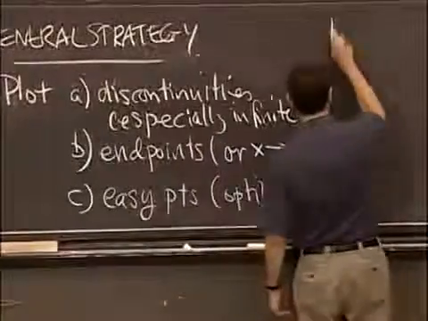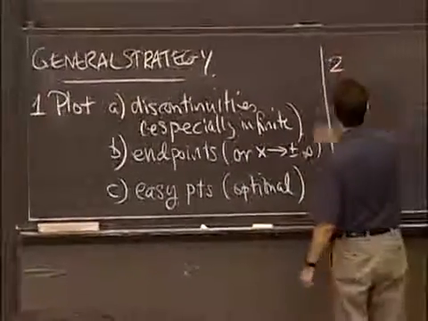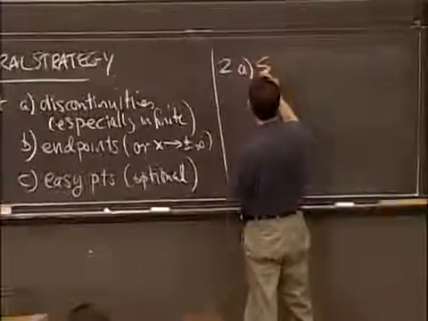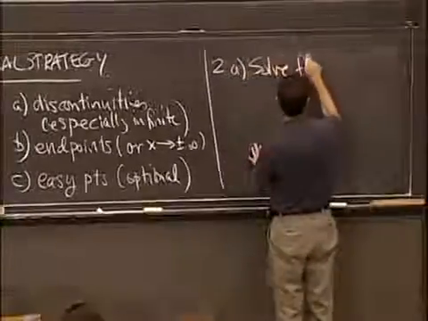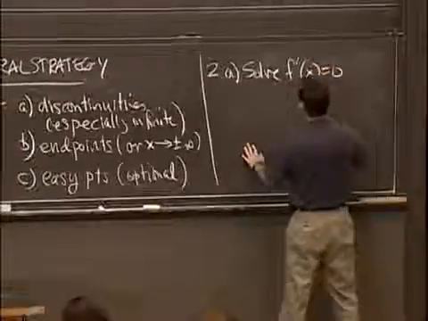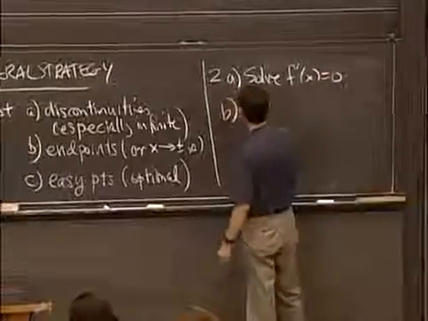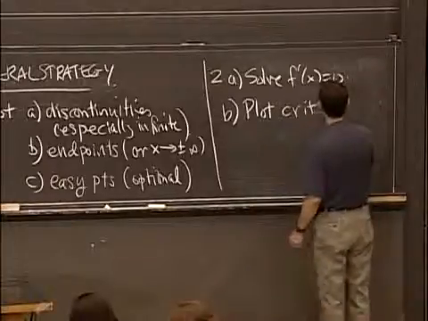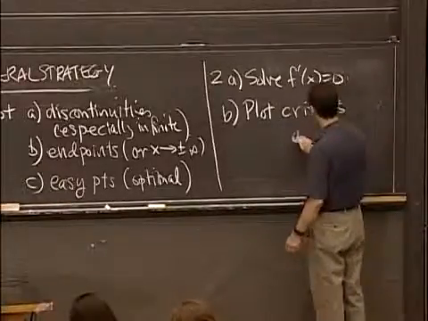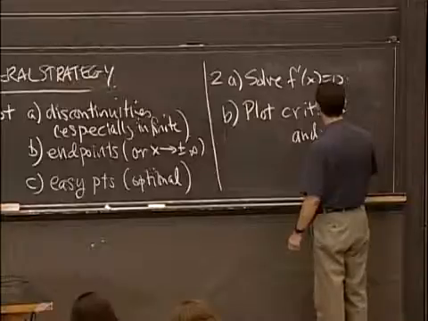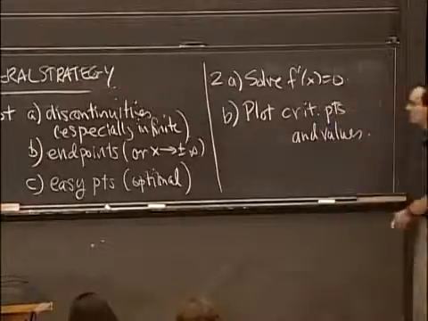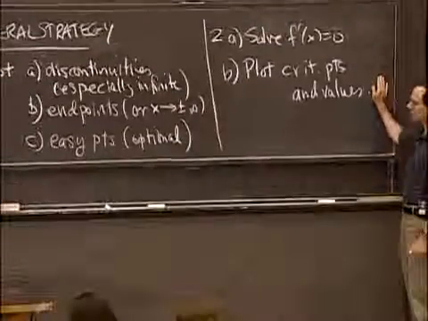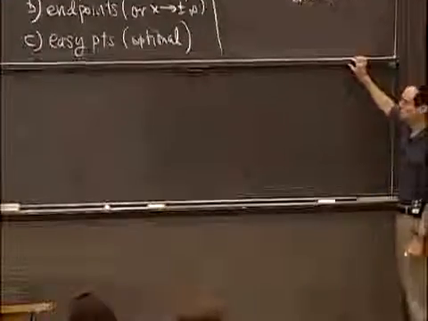All right, so that's the first part. And again, this is all pre-calculus. So now, in the second part, we're going to solve this equation, and we're going to plot the critical points and values. In the problem which we just discussed, there weren't any. So this part was empty.